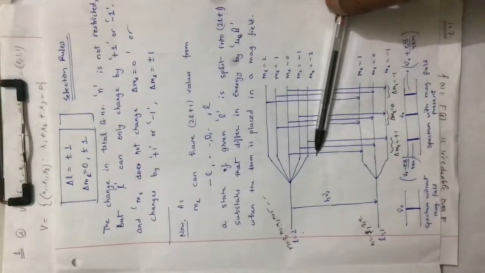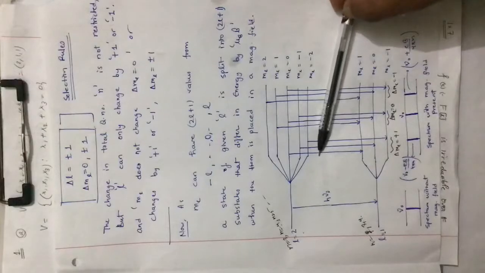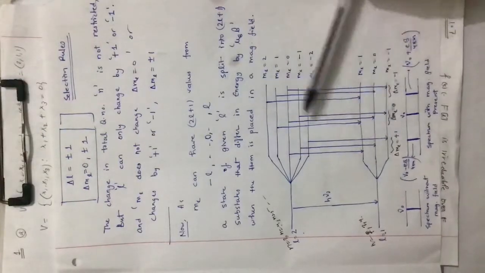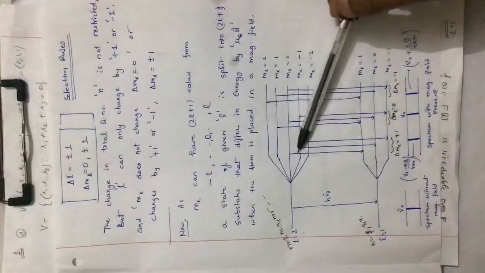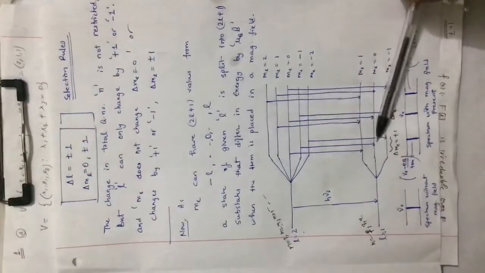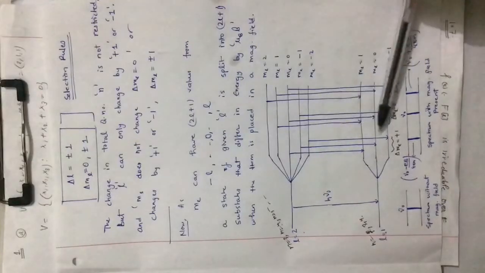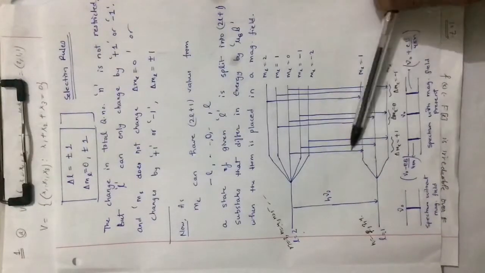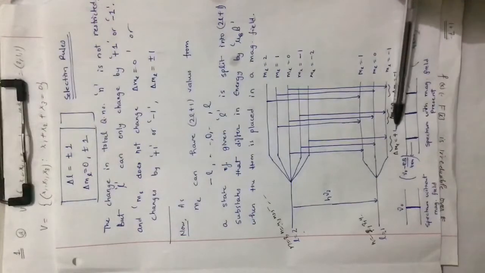3 transitions can happen for a del ML of plus 1. Initially ML is equal to 0, then finally ML is equal to minus 1, ML is equal to 0, ML is equal to minus 2, ML is equal to 1. Now for these transitions, del ML is equal to 1. The magnetic quantum number got changed by 1 value.